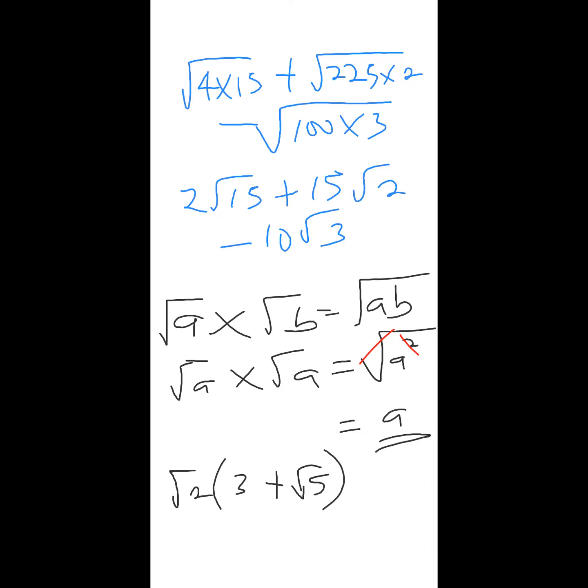Root 2 times into bracket 3 plus root 5. Of course, it is distributive. Just open the bracket and be fine with whatever you have. That will give you 3 root 2 plus root 10. Why root 10? Because root 2 times root 5 is root 2 times 5, which is 10. So you have something like this.